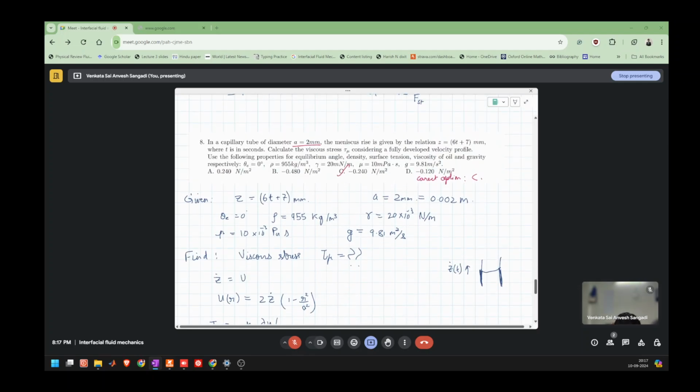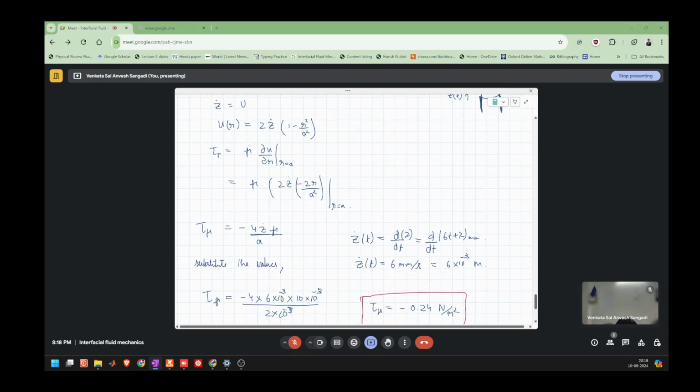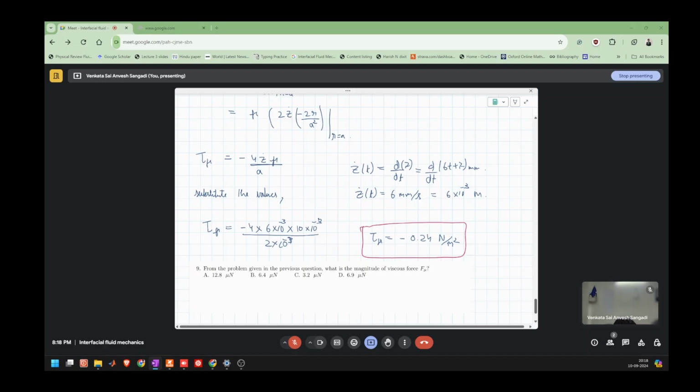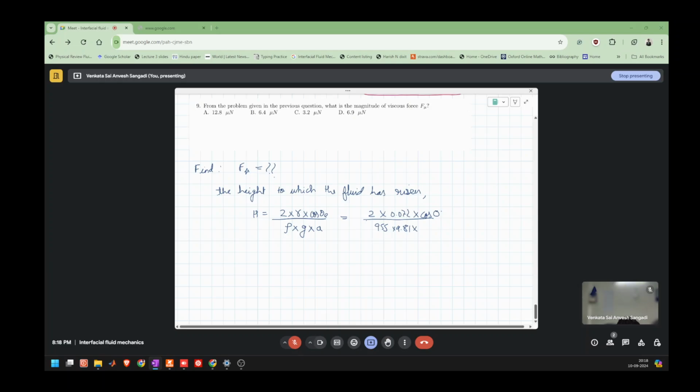Okay, sorry, there's a correction here. We are given the diameter, so we have to be careful. A is the diameter, so R is equal to 0.001. So instead of 2 into 10 power minus 3, it should be 1 into 10 power minus 3. Similarly, the radius R should be equal to 10 power minus 3.